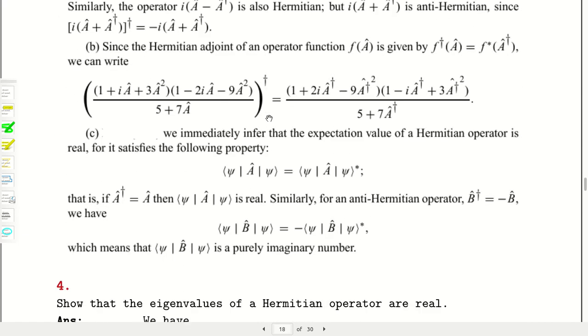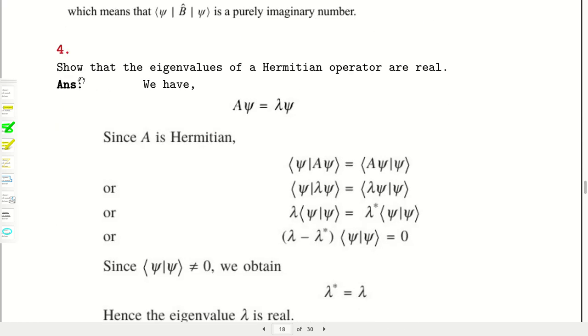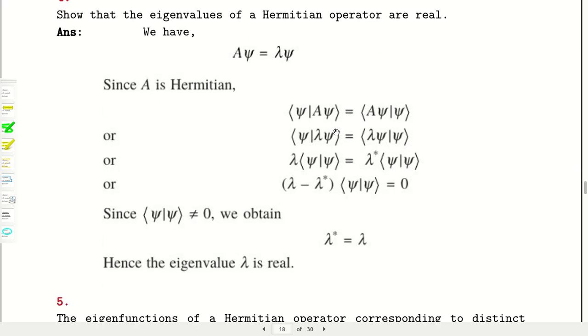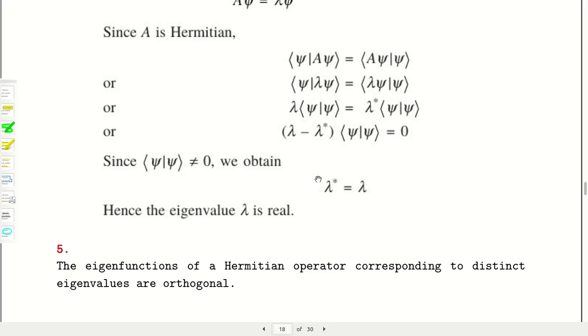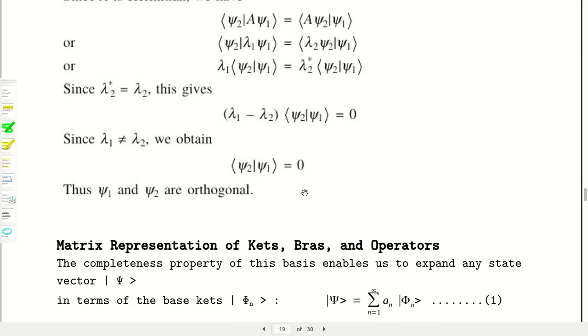You just follow them and show that eigenvalues of Hermitian operators are real. It is just like the matrix case, where you prove all this. In quantum mechanics the proof is the same, but using the bracket notation and bracket formulas. Very simple formulas are there. You should try it on your own.